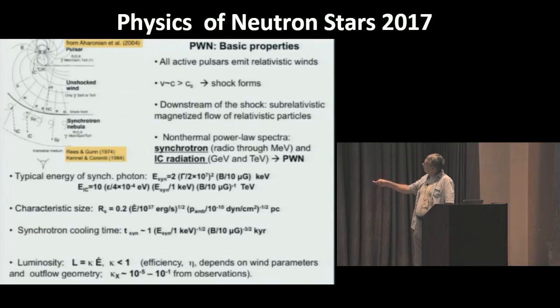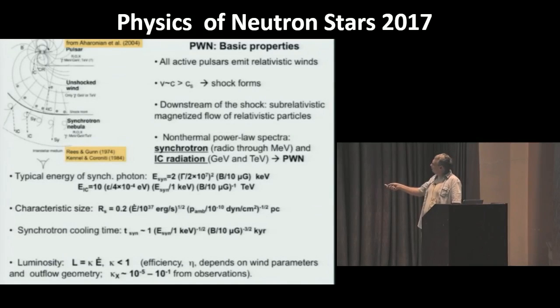And then one can estimate the characteristic size of this wind bubble by a very simple argument, by saying that the pressure of this relativistic wind, which is really given by E dot, the spin-down rate of the pulsar, should be equal to the ambient pressure, whatever it is inside the supernova remnant or somewhere outside there.